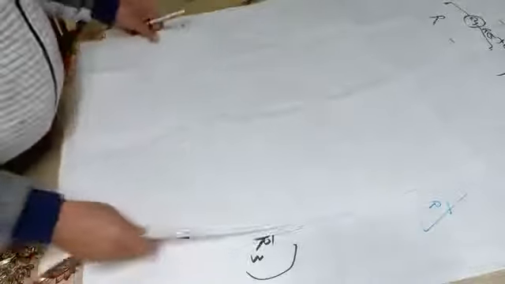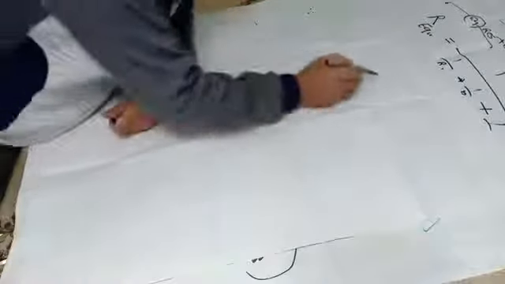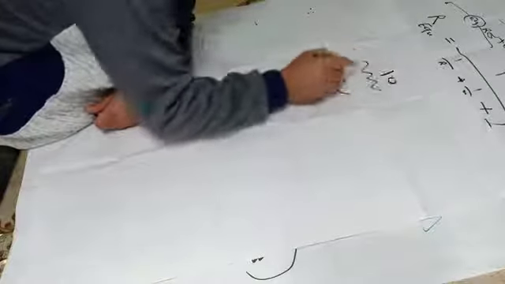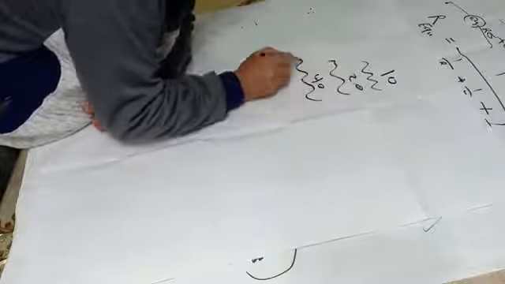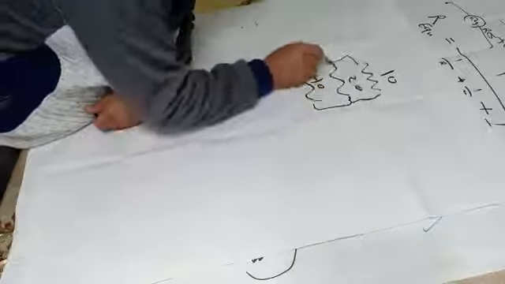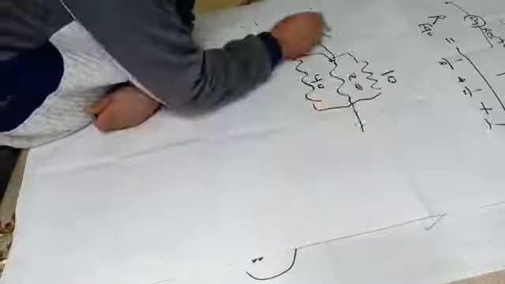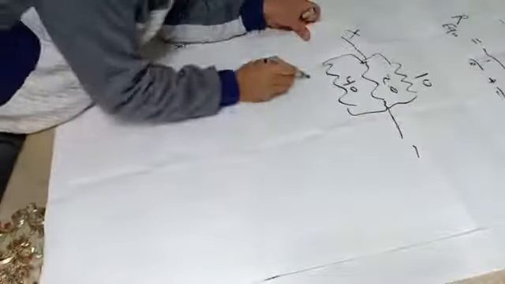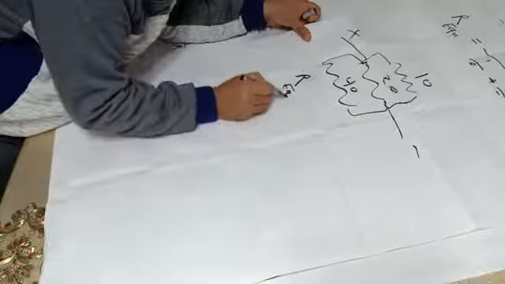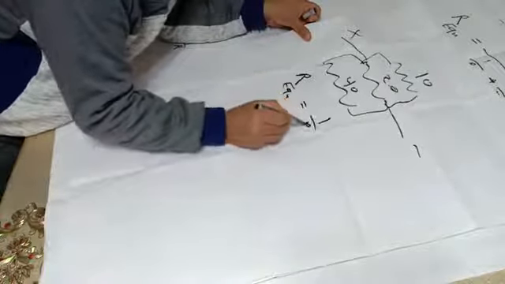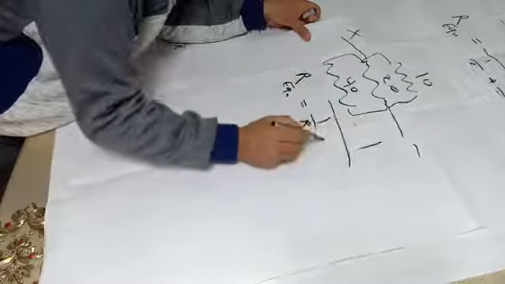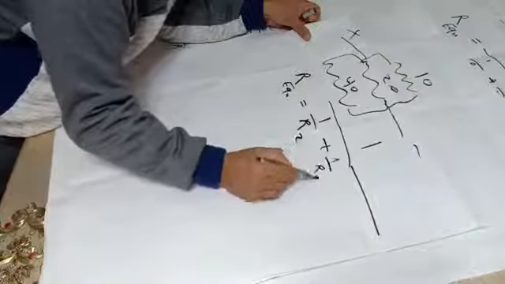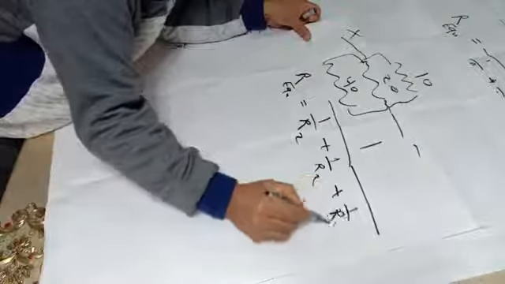We can take another example like this. R1, R2, R3: 10, 20, 40. The R equivalent in parallel equals 1 over the sum of 1 over R1 plus 1 over R2 plus 1 over R3.